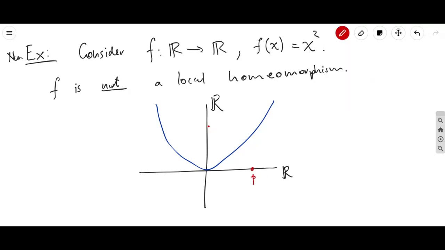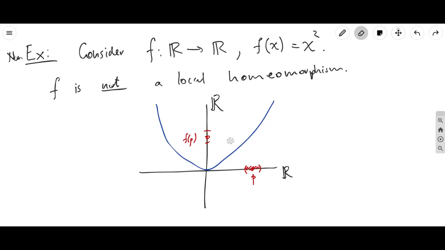This is P, and then this is going to be F of P. I think we can agree that if you pick small enough, you can draw two small enough open intervals so that this one is mapped homeomorphically to that one. This is like a one-to-one function. It's continuous and all that stuff.